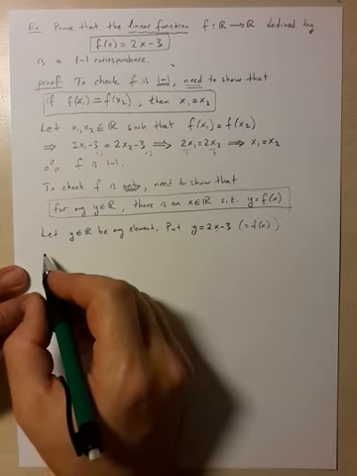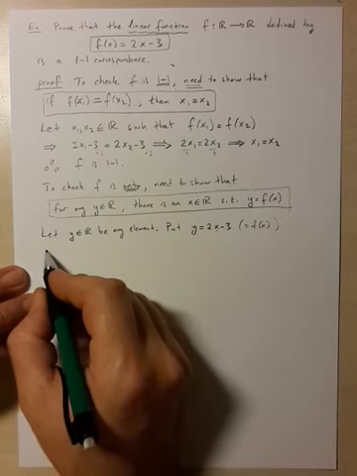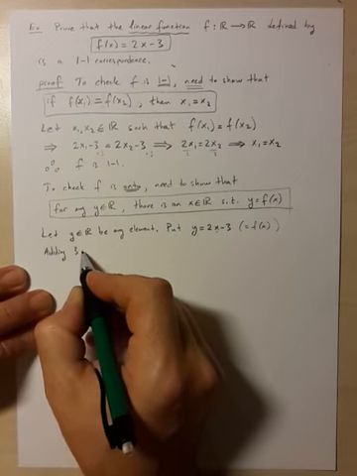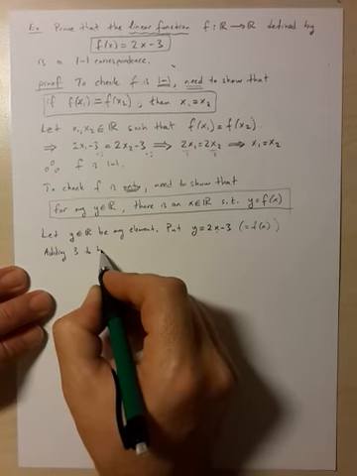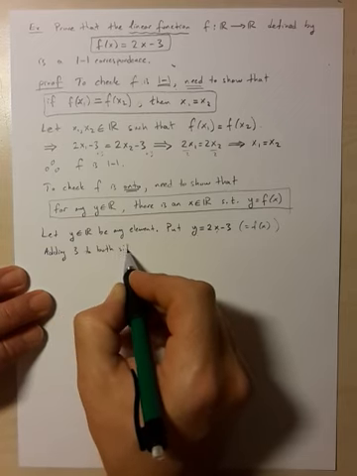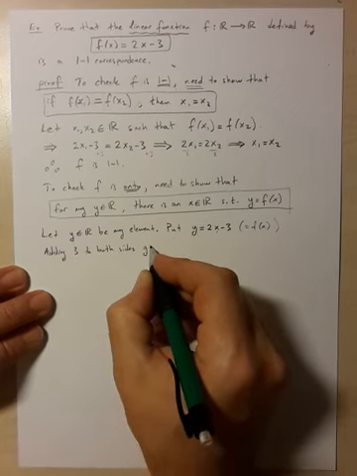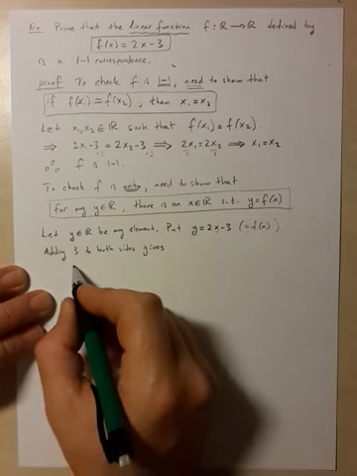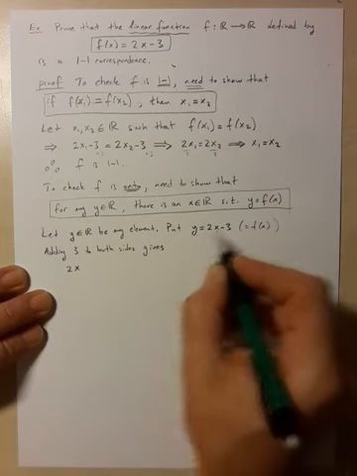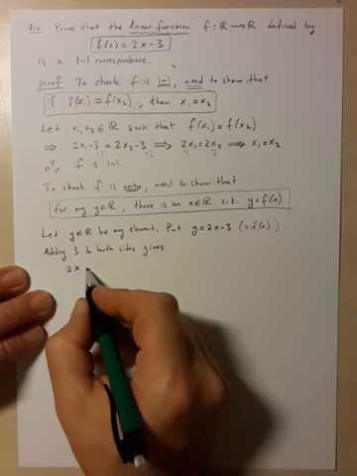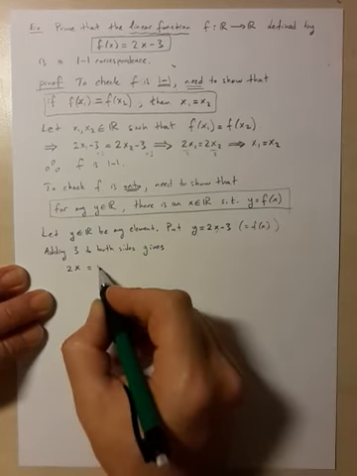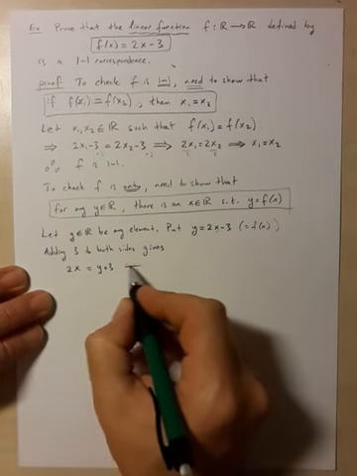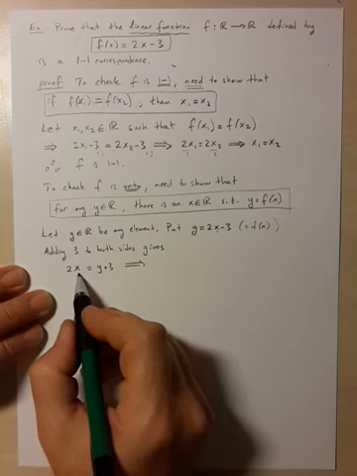Adding 3 to both sides gives, on the right hand side first, 2x minus 3 plus 3, which is just 2x, equal to y plus 3. But this implies, now can we solve this for x?